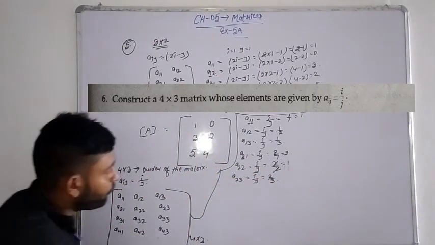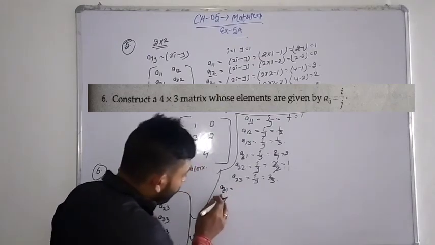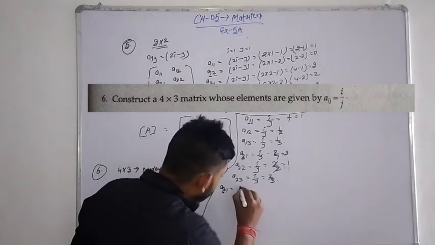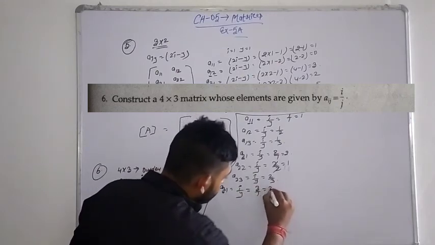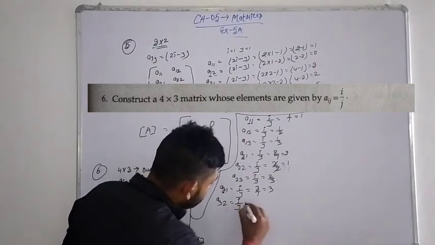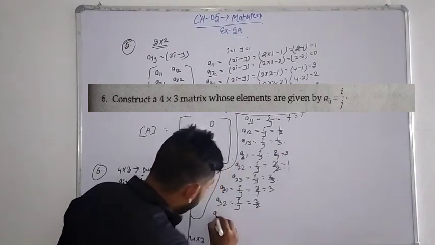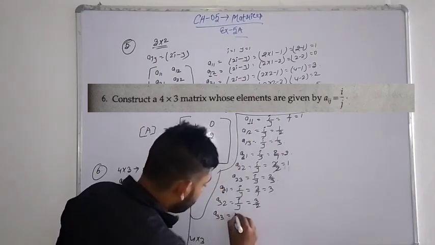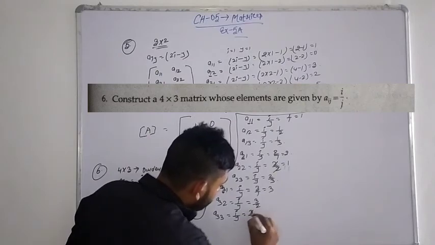Now a31, now we put the value i equal to 3, i upon j is equal to 3 upon 1 is equal to 3. a32, i upon j is equal to 3 upon 2. a33 is equal to i upon j is equal to 3 upon 3 is equal to 1.